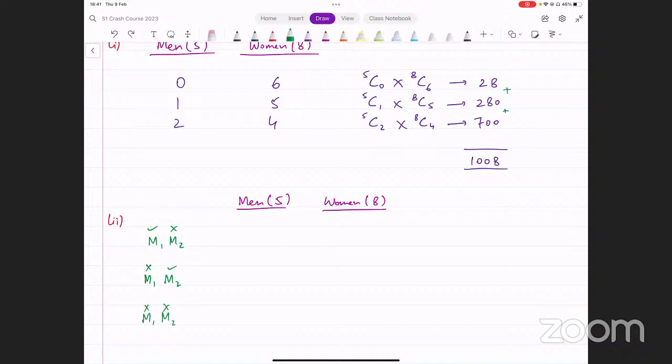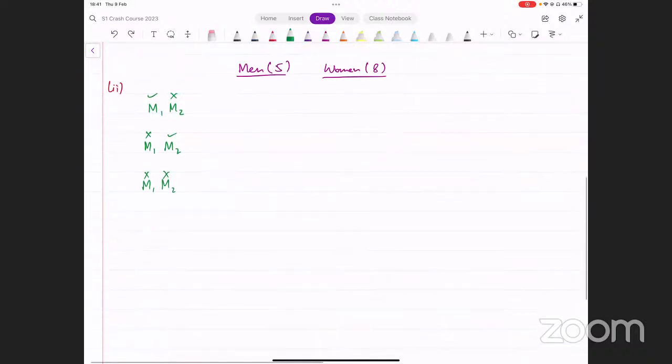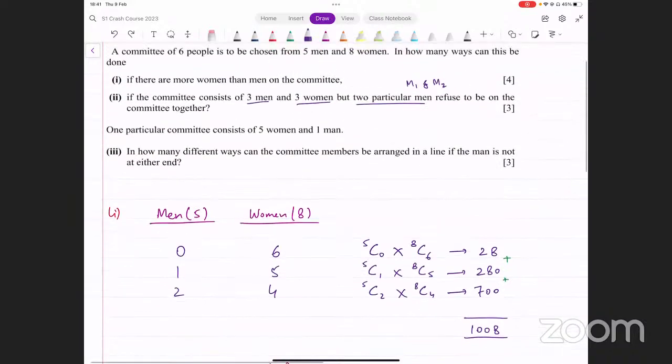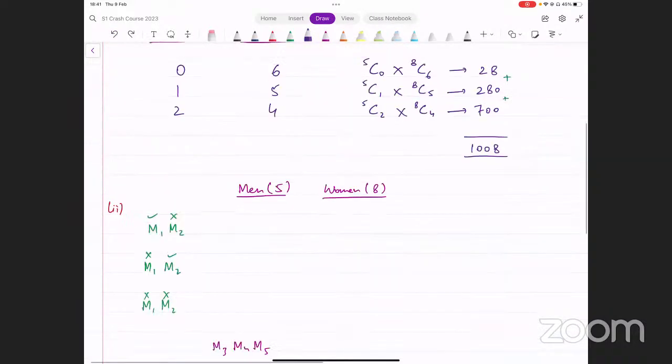What are the options that we have for the remaining people? Now, you see, let's say the rest of the people were M3, M4, and M5. There are 3 men who are left after this. We want a total of 3 men, right? That's what it says in the question. We want a total of 3 men.